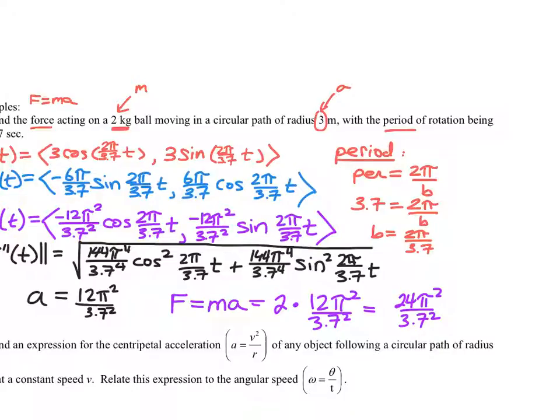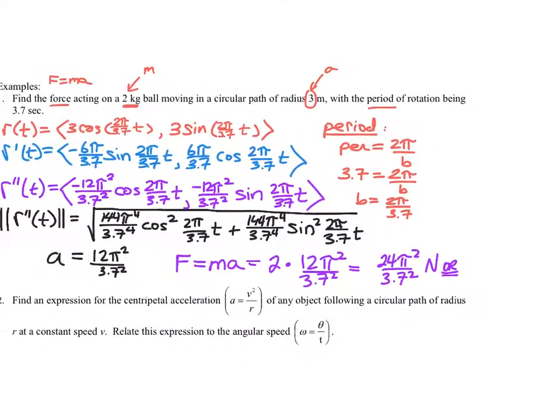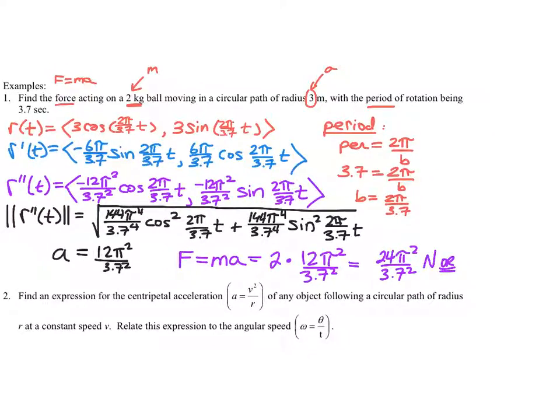Now, if you know the units are newtons, then boom, go for it. But if not, and you need the units, you could just kind of invent the units on the fly, right? Because we start off with meters, and the unit of time is seconds, so my first derivative is meters per second.